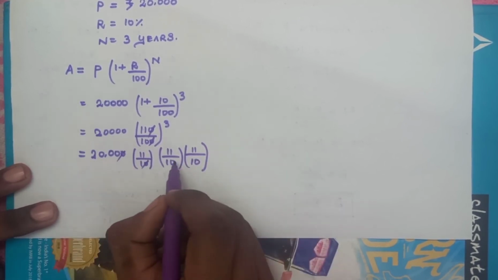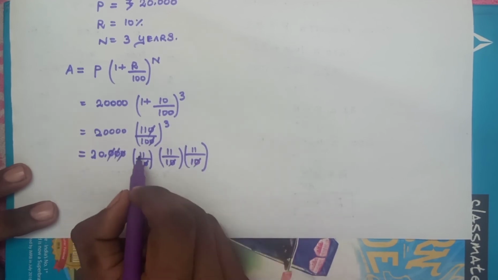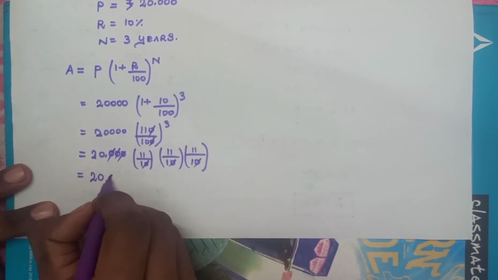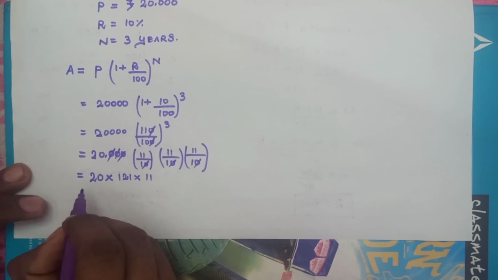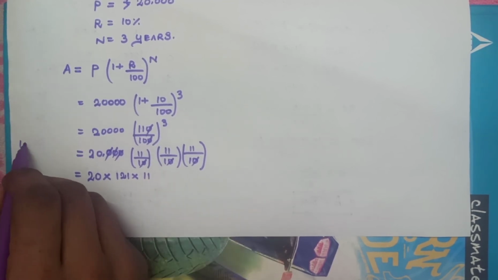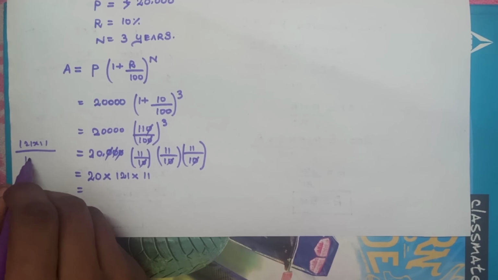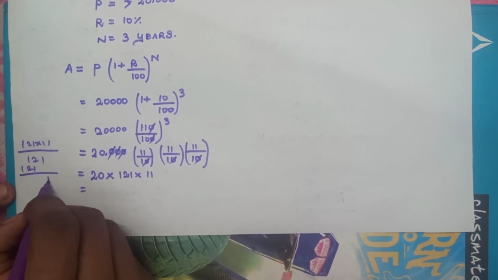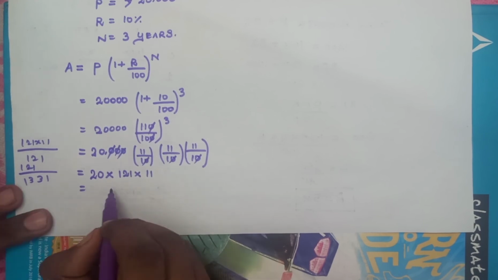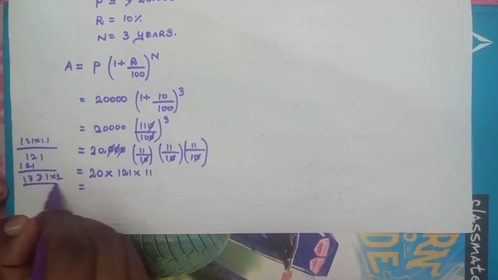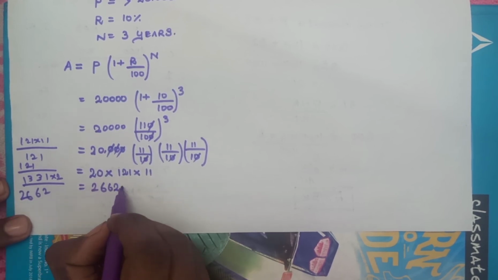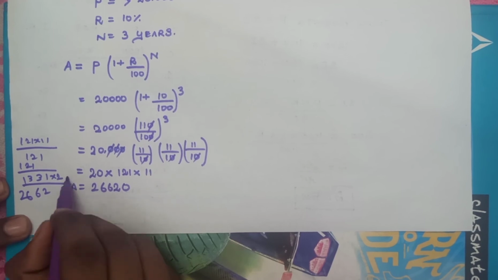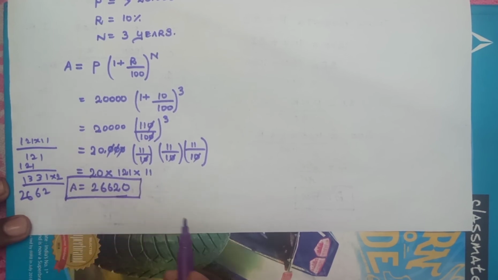So let me solve this. 20 multiplied by 11 times 11, 121, times 11, 1,331, into 2: 2 ones are 2, 3 2s are 6, 3 2s are 6, 1 2s are 2, so 26,620. We found the total amount after the maturity period of 3 years, right?